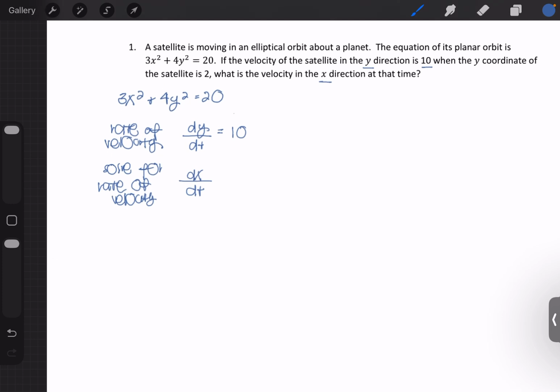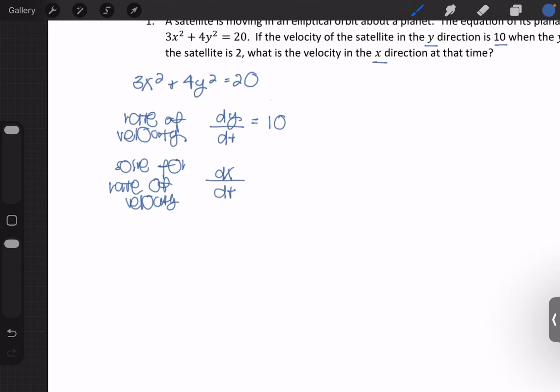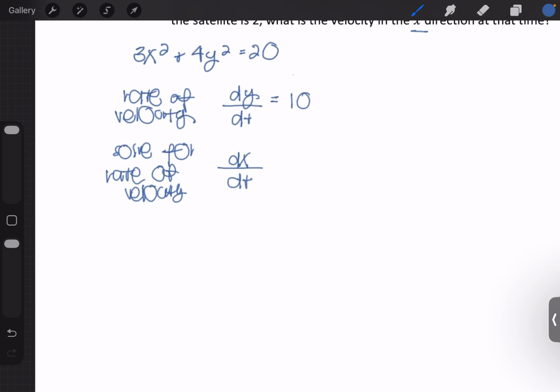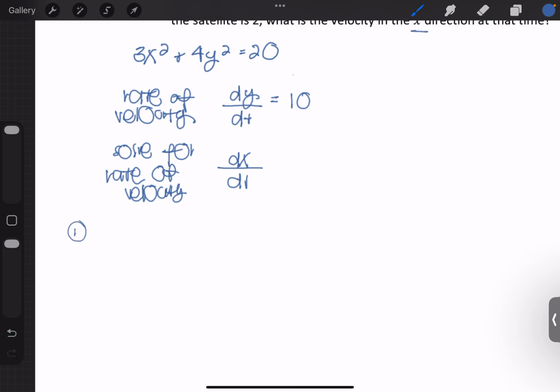We can use chain rule because we have two different functions with two different variables. So as a first step, we're just going to differentiate using chain rule.